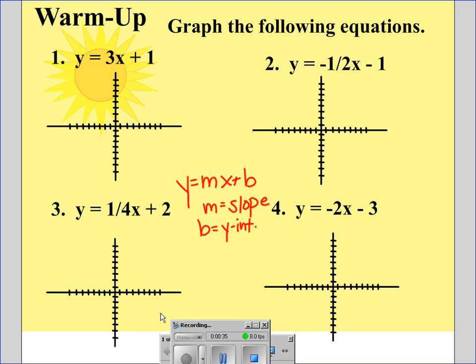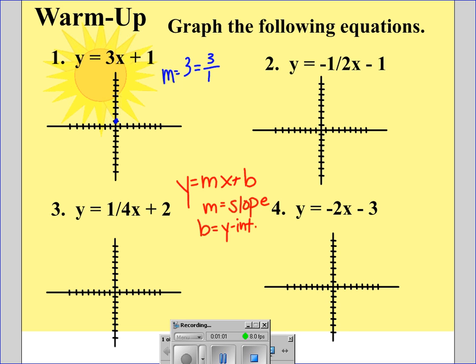So in number 1, our y-intercept is positive 1. So we're going to start at positive 1 on the y-axis. Our slope, m, is 3. Anytime we have a whole number, we can write it over 1. Our rise over run is positive 3 over positive 1.